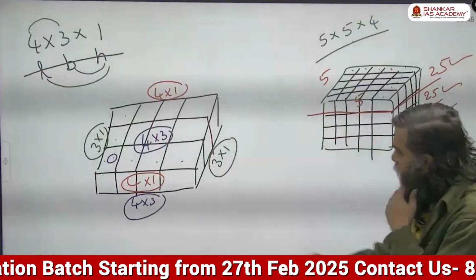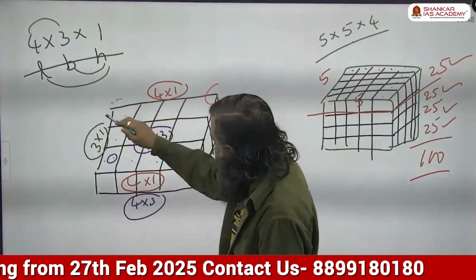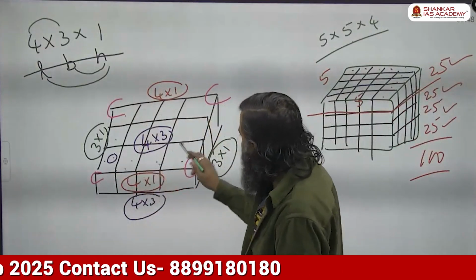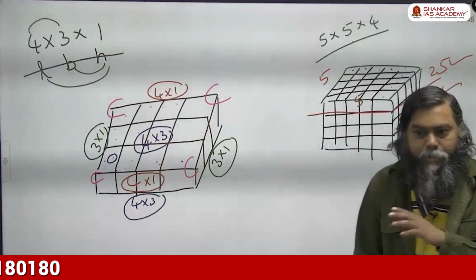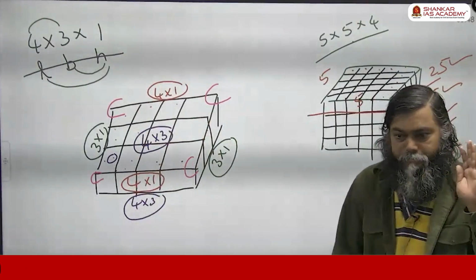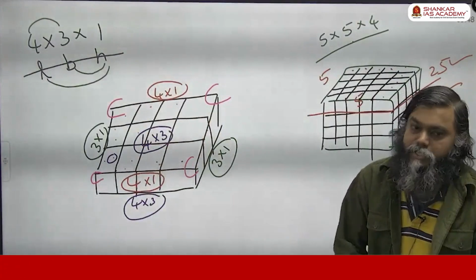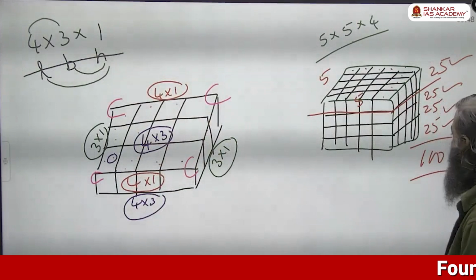Tell me, what kind of piece is this? Corner. What kind of piece is this? Edge piece. What kind of piece is this? Is there any inside piece anywhere? So an inside piece is not mandatory. Did you understand this? Now listen carefully.